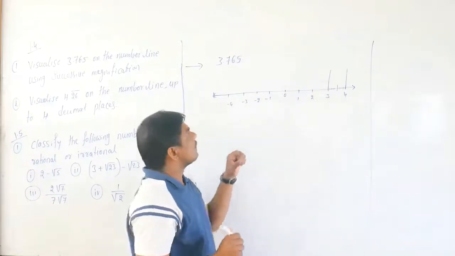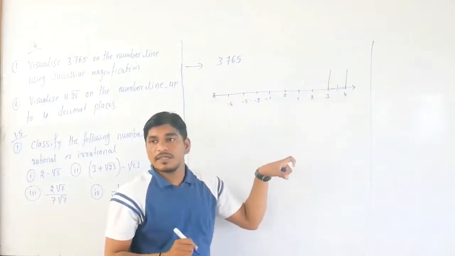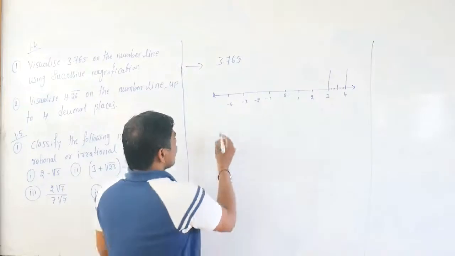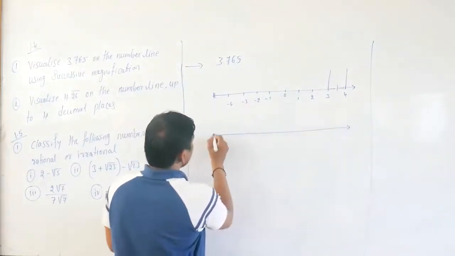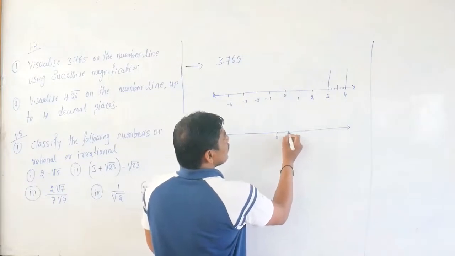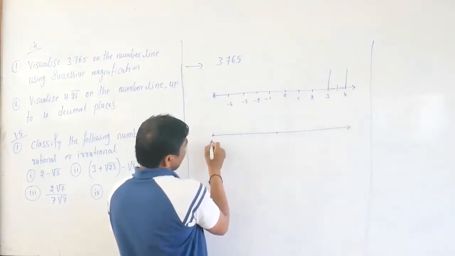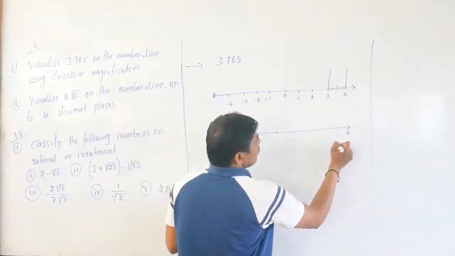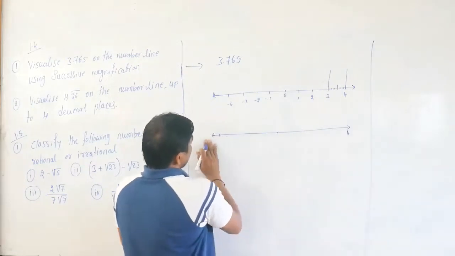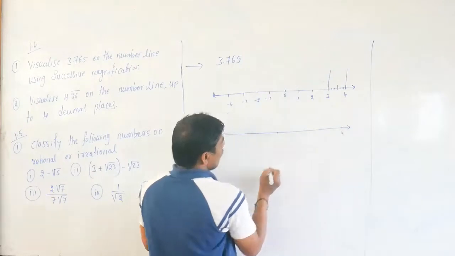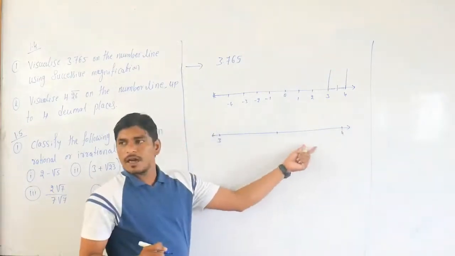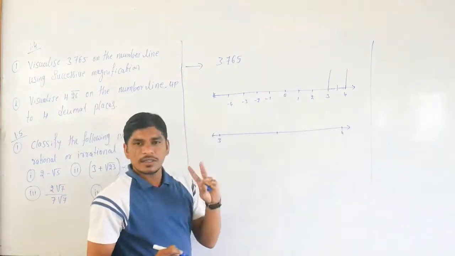The next identification is 3.7, specifically here. You take 3 and 4, and in between there are 10 divisions.